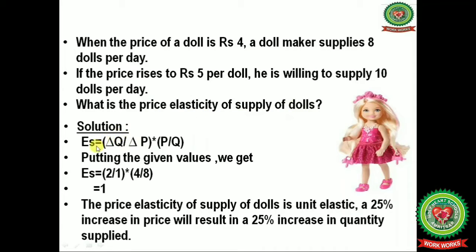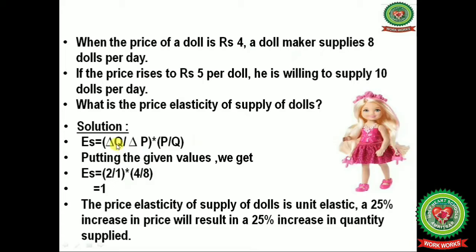Solution: you know the formula, elasticity of supply is delta Q upon delta P multiplied by P upon Q. Now putting the given values, we get delta Q is 2 upon 1, and P upon Q is 4 upon 8. P is the original price, and the original price of dolls is 4. So I have put 4 here, and the original supply of dolls, that is quantity, is equal to 8, and I have put it here.